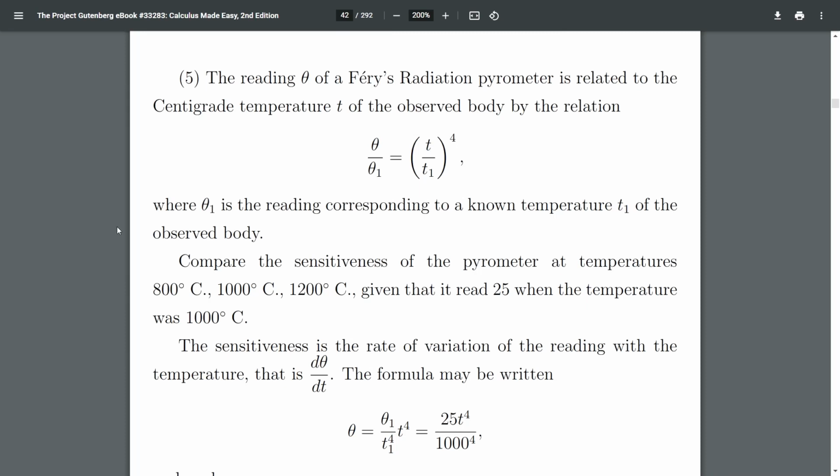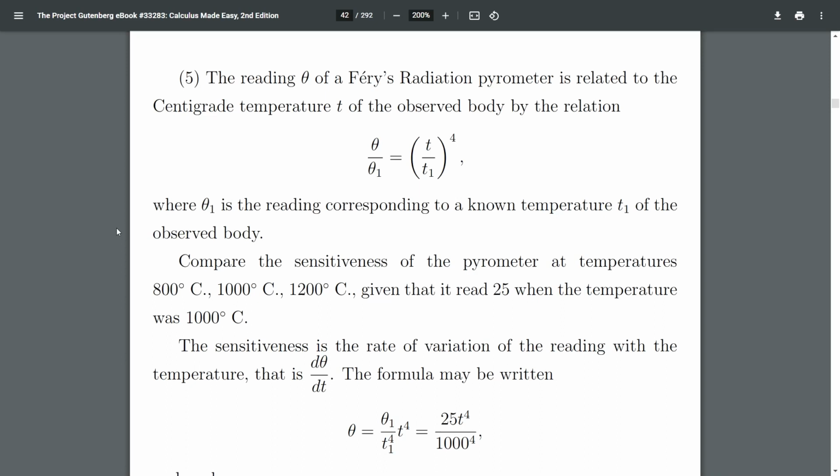5. The reading theta of a Fery's radiation pyrometer is related to the centigrade temperature T of the observed body by the relation theta over theta 1 is equal to T divided by T1 to the power 4, where theta 1 is the reading corresponding to a known temperature T1 of the observed body.